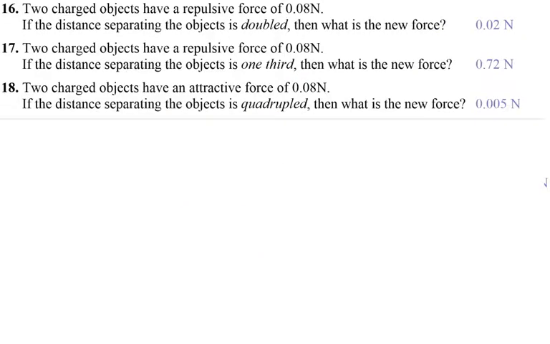I also want to look at these questions because they often require your understanding of what is happening in the problem in order to be able to answer the question. It's not like a regular type of problem. Two charged objects have a repulsive force of 0.08 newtons.